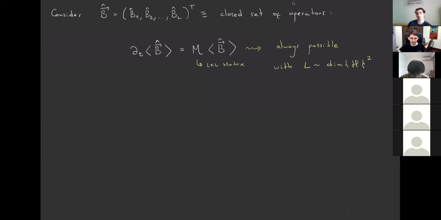However, what's interesting is that in many systems, or under some approximations, you can find a set of operators that is even of smaller number than the square of the dimension of the Hilbert space, which satisfy this kind of closed equation for the expectation values.